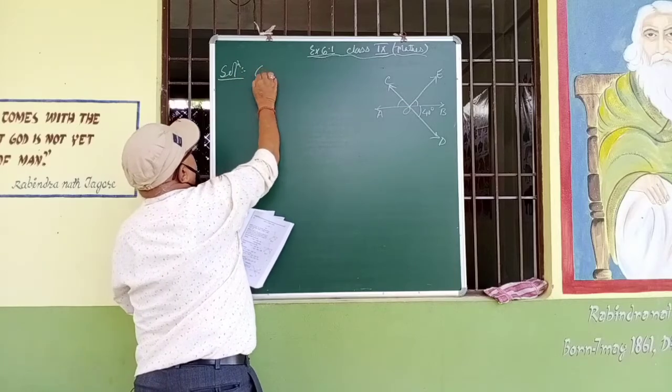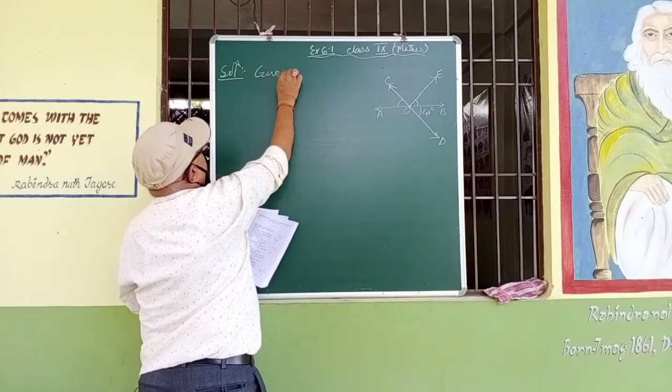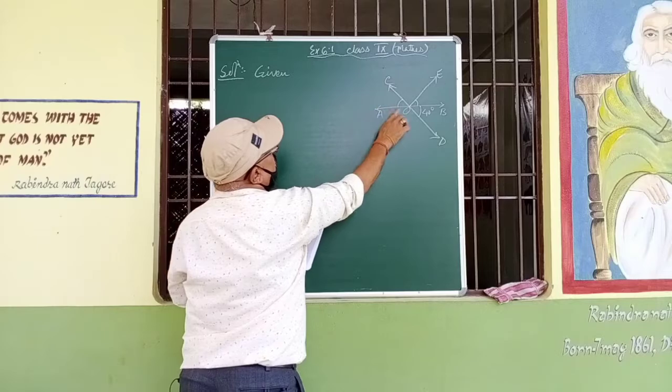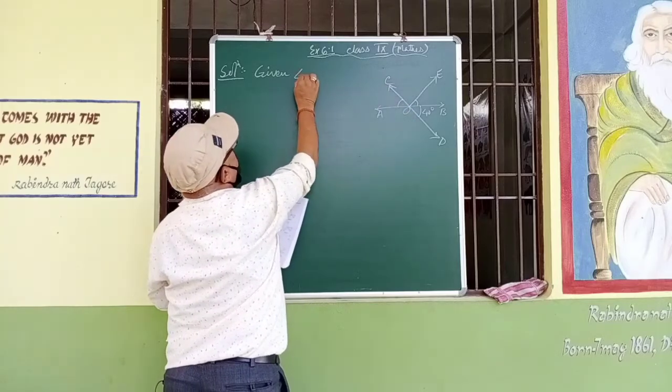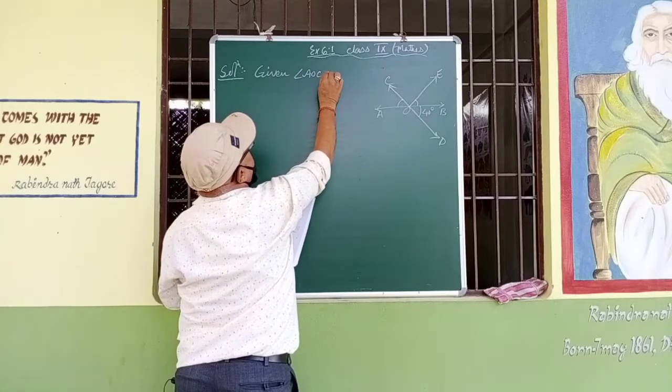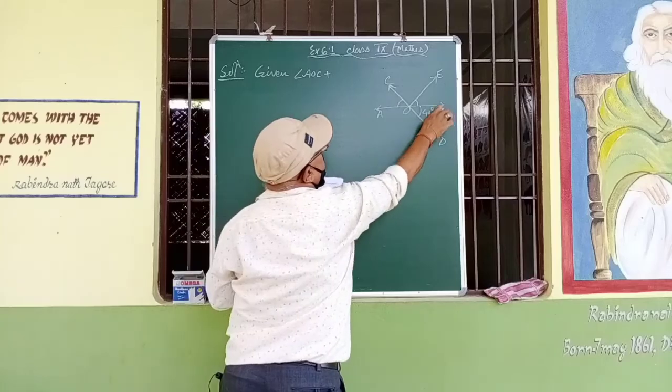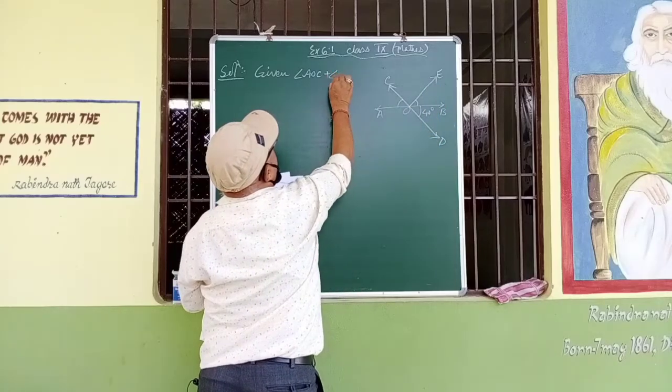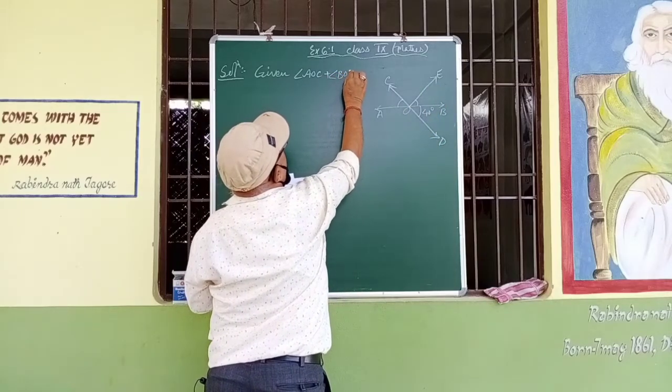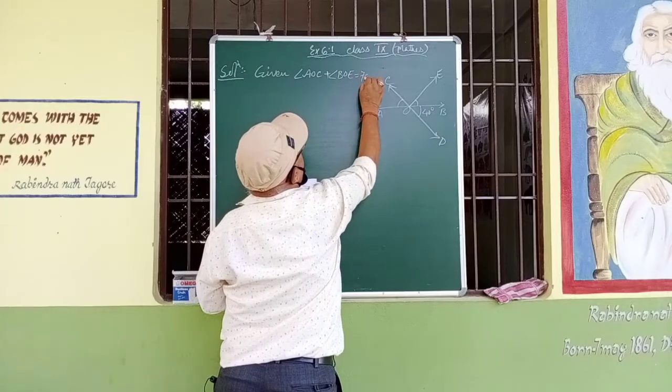Solution. Given: angle AOC plus angle BOE is equal to 70 degree. It is given.